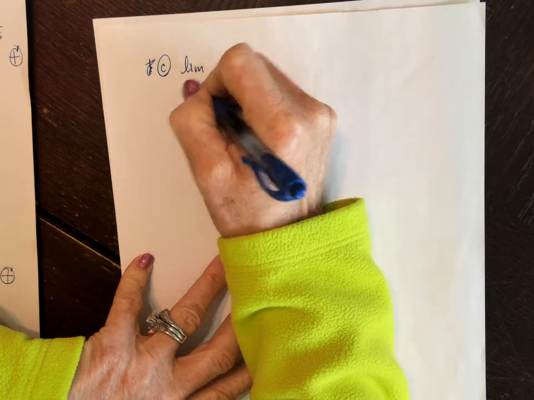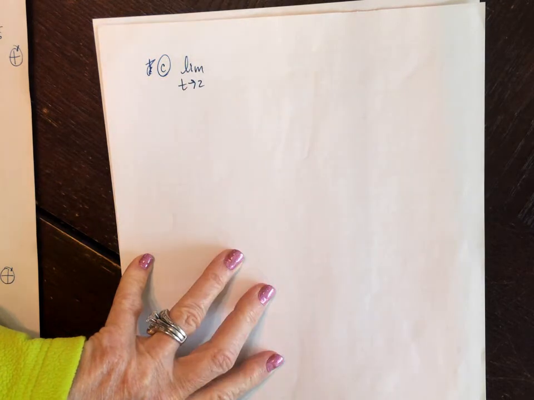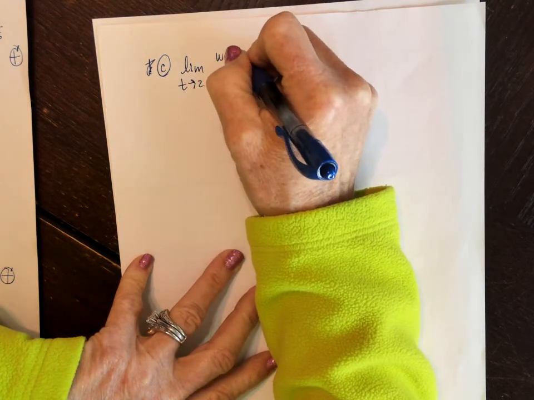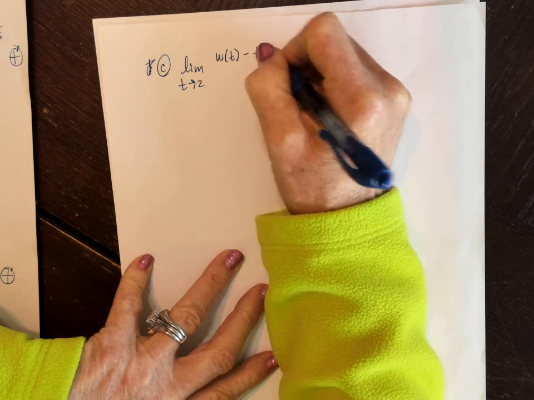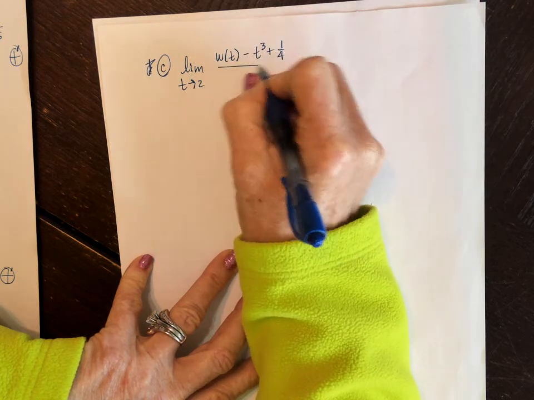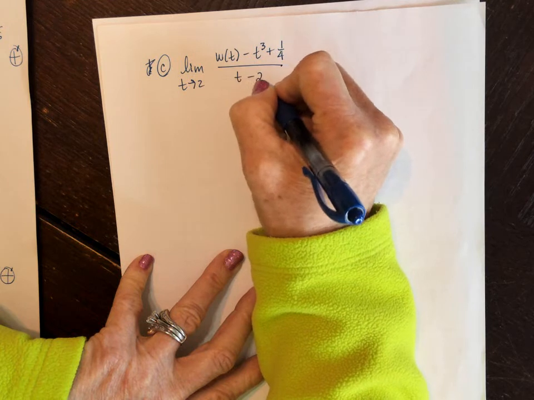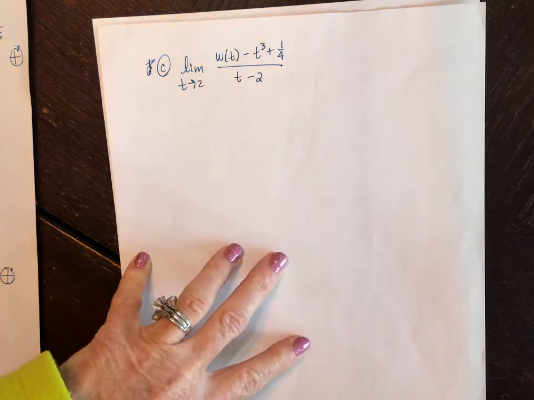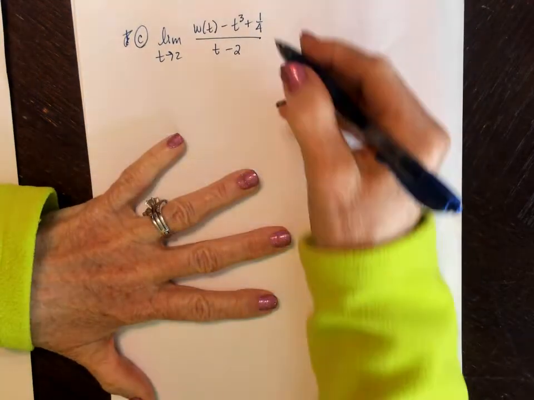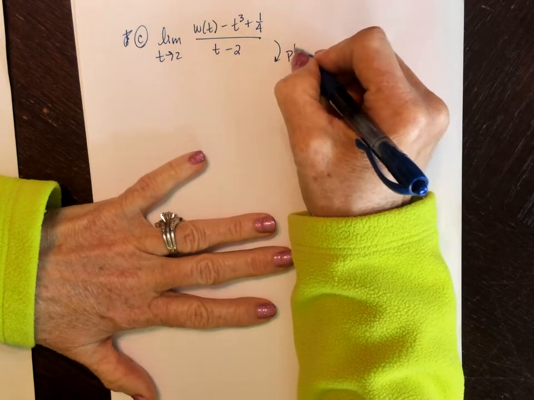We want to find the limit as t approaches 2 of w of t minus t cubed plus 1/4 all over t minus 2. And the very first thing that you do when you evaluate a limit is that you plug in.